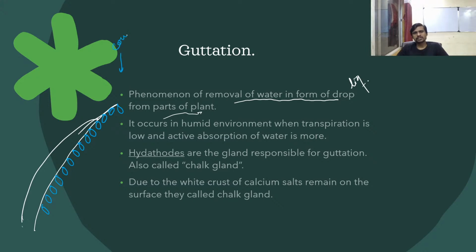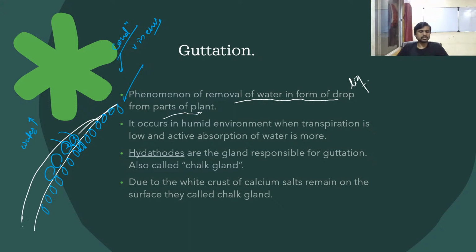One is a condensation of steam or the vapor in the environment or in air, and the second one is guttation, when the cell which is very close to the edge of the blade sometimes has more water inside, and because of that this water leaves the cell at night and comes out of the plant.